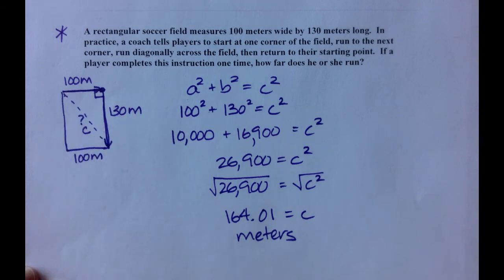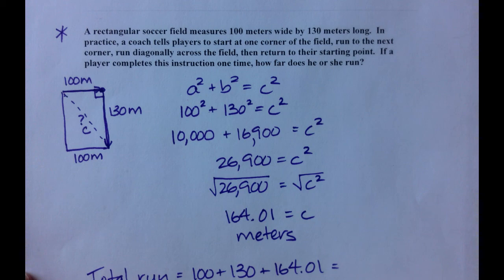And so to answer the question, the player's total run will be equal to 100 plus 130 plus 164.01. Let's see, that's 230 plus 164.01. This will give us a total of 394.01 meters.